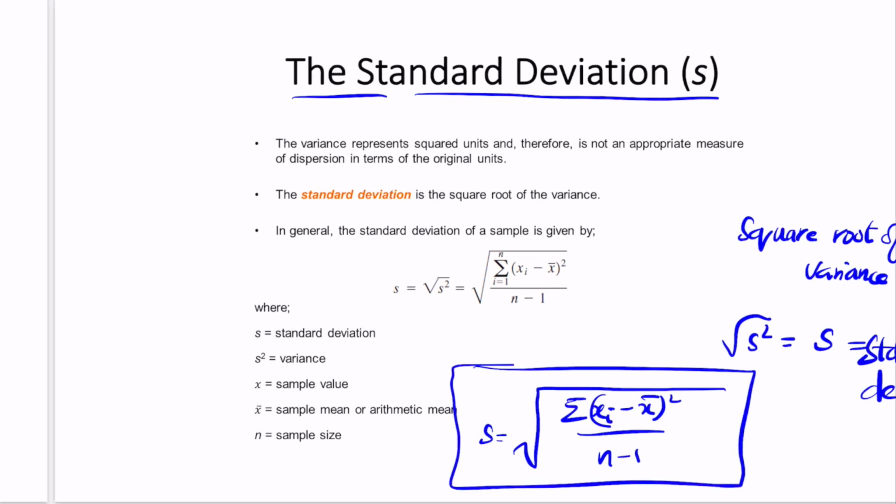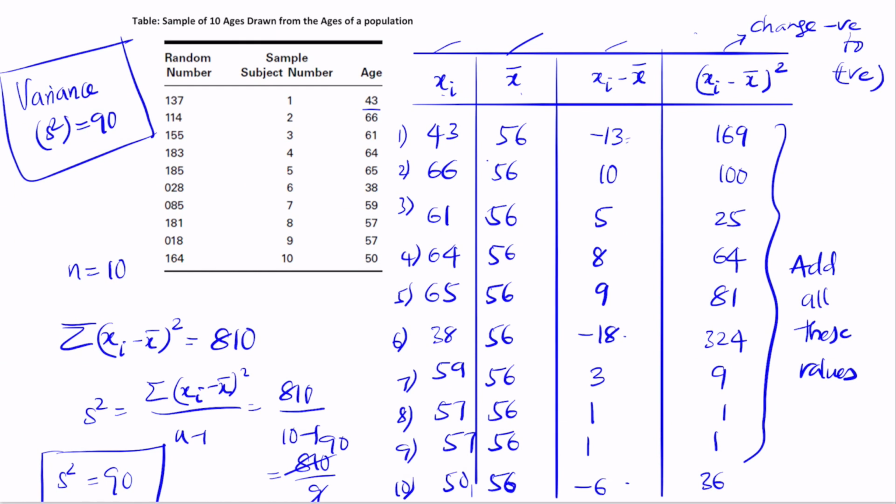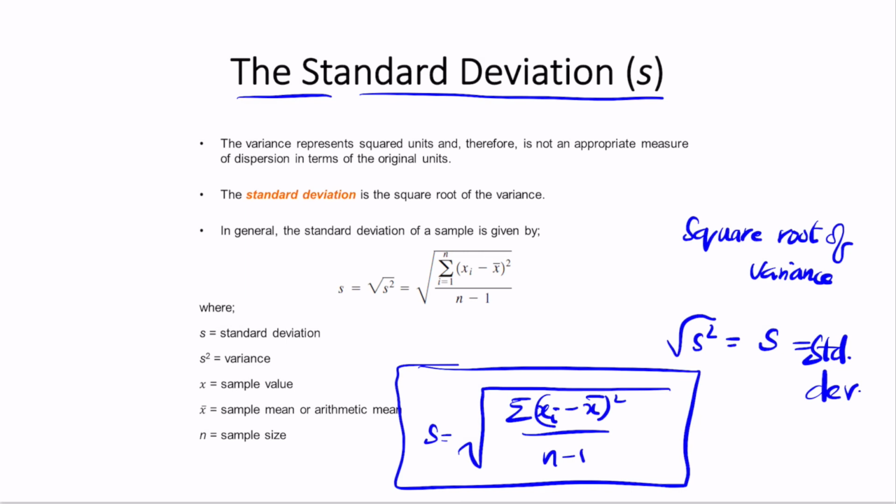For example, in the last problem that we did, the variance was 90. So if you want to find the value of S, it becomes the square root of 90, which is 9.4868. So this is the standard deviation for the problem.